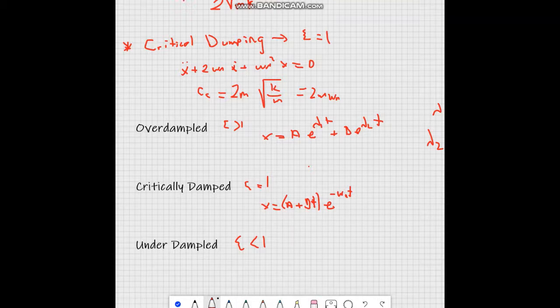So this is when we have critically damped. And the last one is underdamped, which is the most common one. This is the most common one we see in nature, and we need to pay more attention to this underdamped.